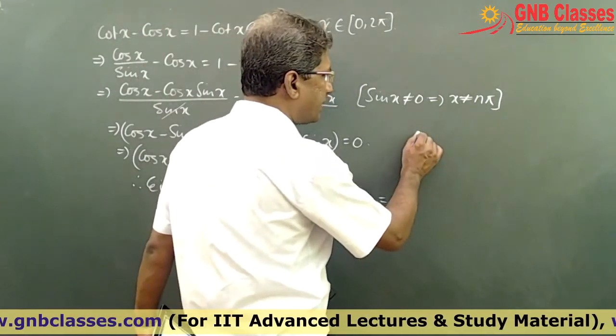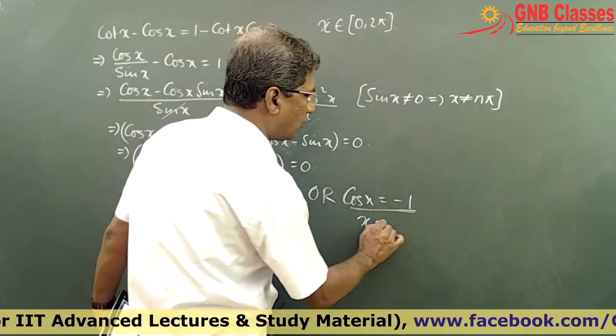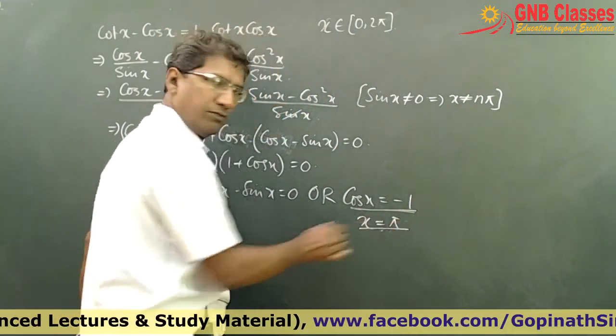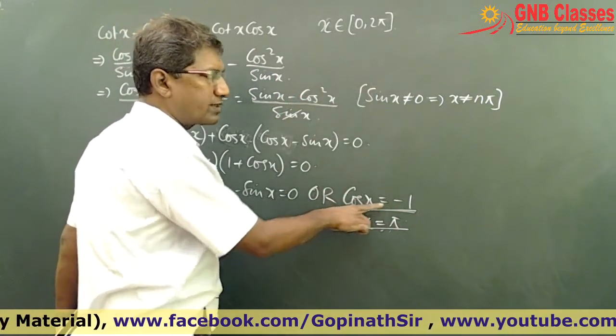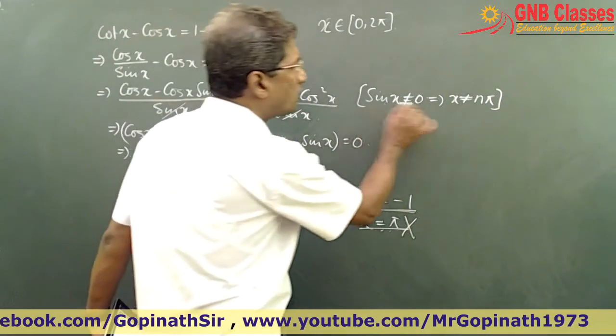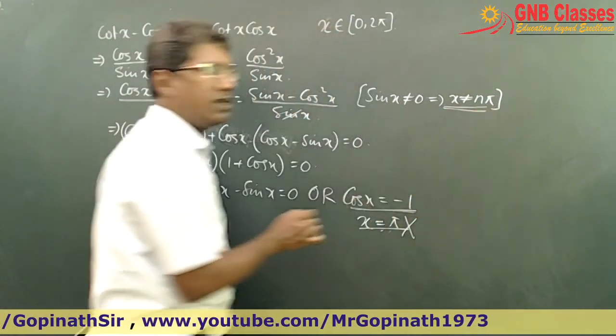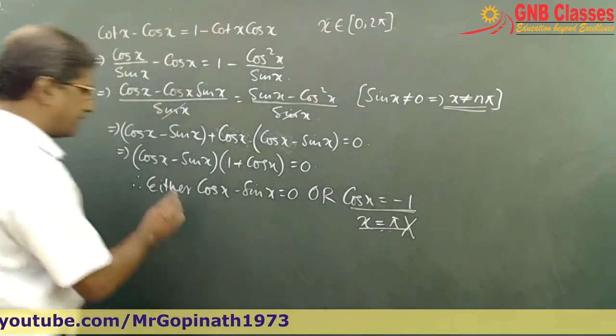Cos x becomes minus 1 when x equals to pi. Is it clear? When x equals to pi in this region, your cos x is minus 1. But x cannot be equals to pi. Why? Because we have already said that x cannot be equals to n pi. Therefore, this value is rejected.